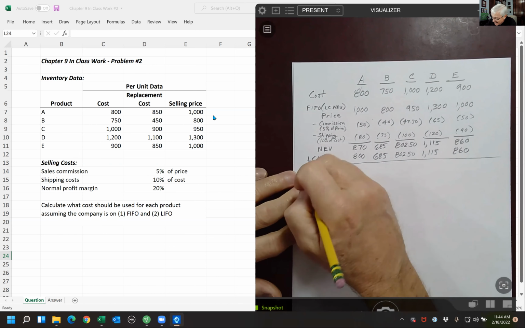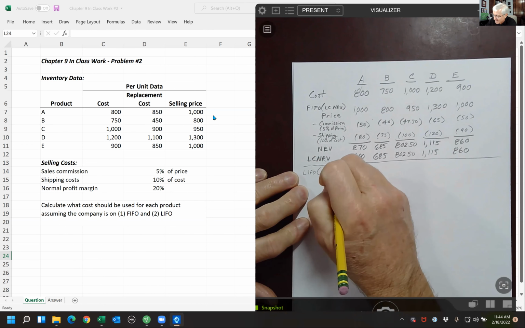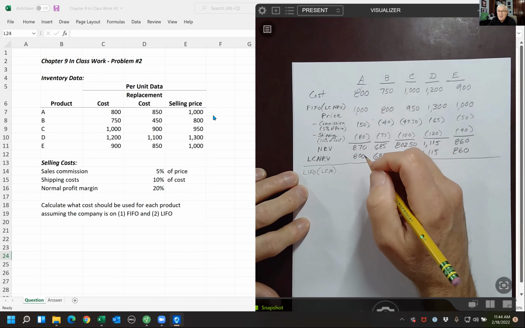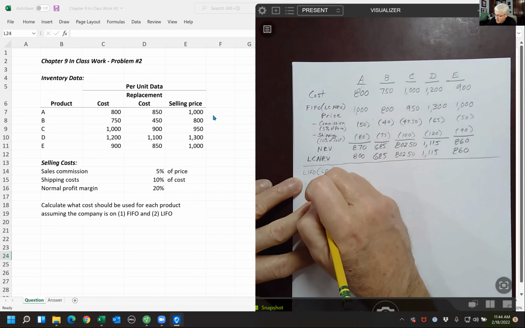Now let's go to LIFO, which is lower of cost or market. They should say adjusted market, because we're going to have a ceiling for that market price and a floor. What is the market?